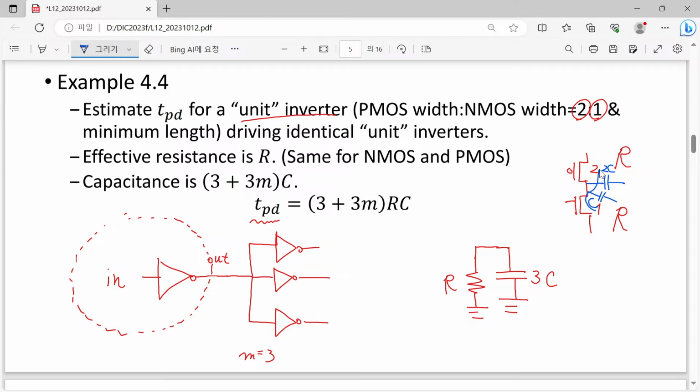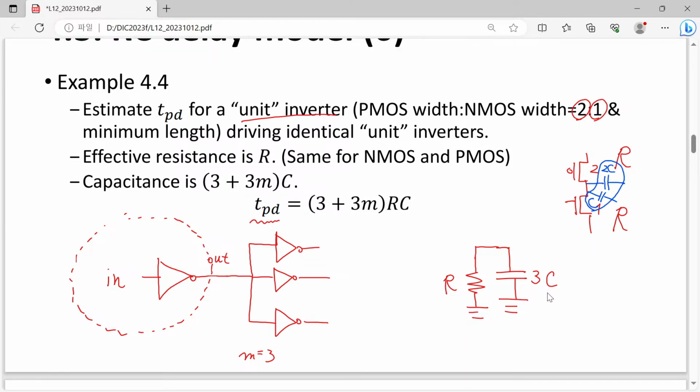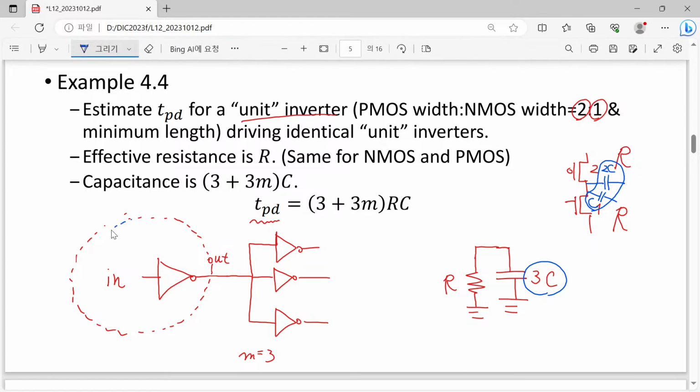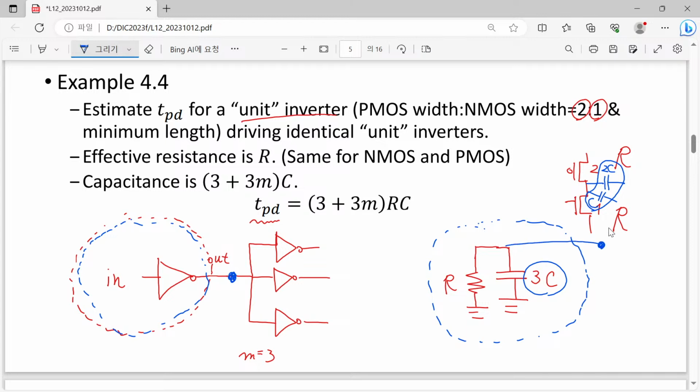That's the reason why when we sum them all, we have 3 times C. Please note that this is just a contribution from the intrinsic part, our inverter itself. And now think about this load part. Here we have output and here we have output. Yes, then so please wait for a while.